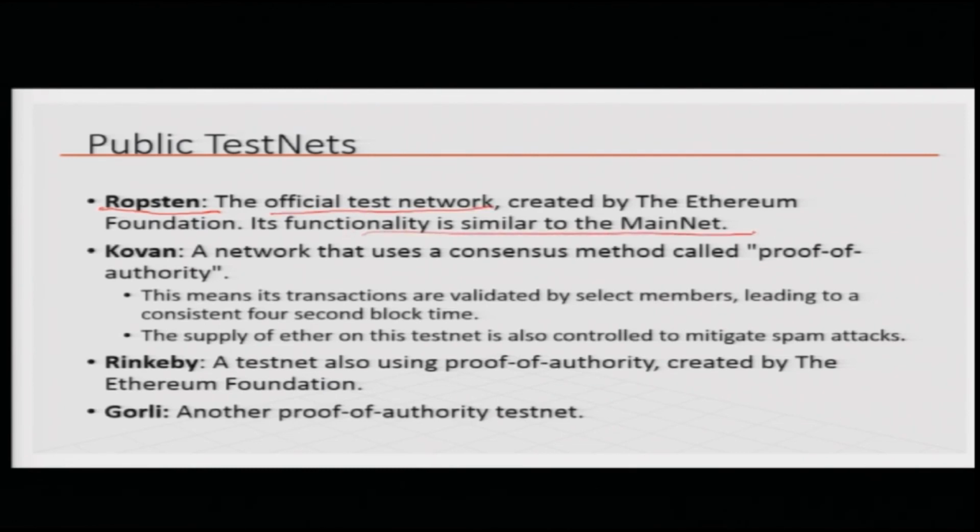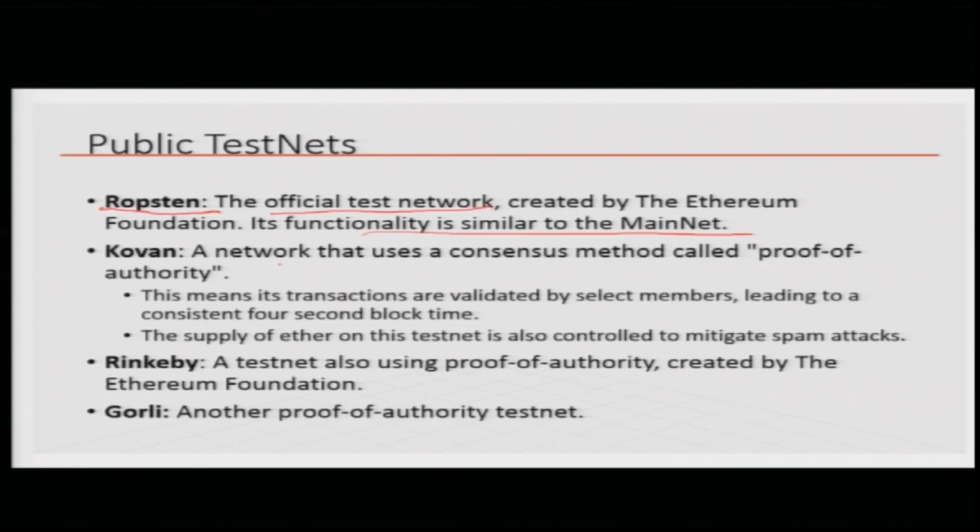It's a proof of work type of blockchain, and so everything that you are going to do on mainnet can be well tested on Ropsten, and in Ropsten you can get Ethers for free. Those Ethers have no value, so you can do whatever you want.